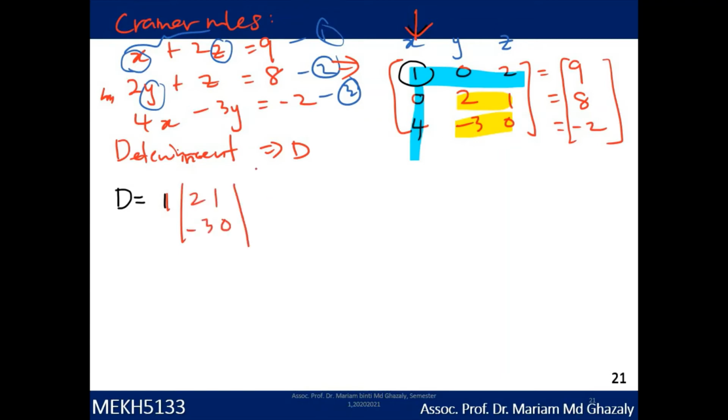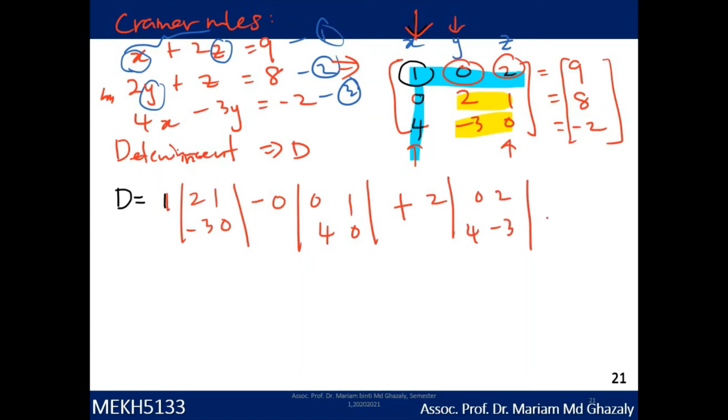This one you learned during undergraduate. Minus, this is the normal equation, minus at y. Next you see 0 0, and you take this portion, 0 4 1 0, plus 2 at z, 0 2 4 minus 3.